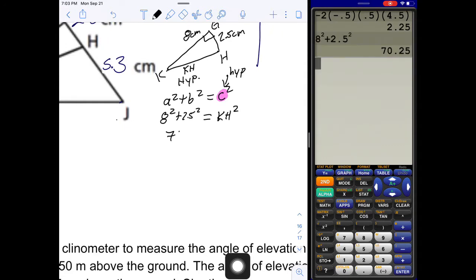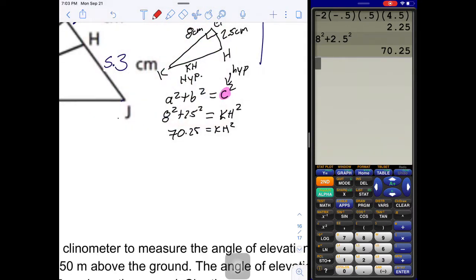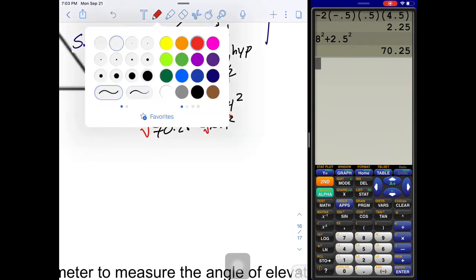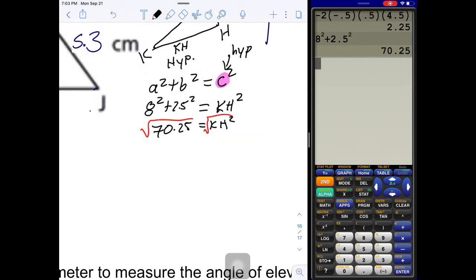That gives us 70.25 equals KH squared. Now remember, we are trying to solve for KH, so we need to square root both sides. How do I get my square root? Remember, the square root is on the yellow where x squared is, so press the yellow button, second, and press your square root and plug in the whole number, 70.25.